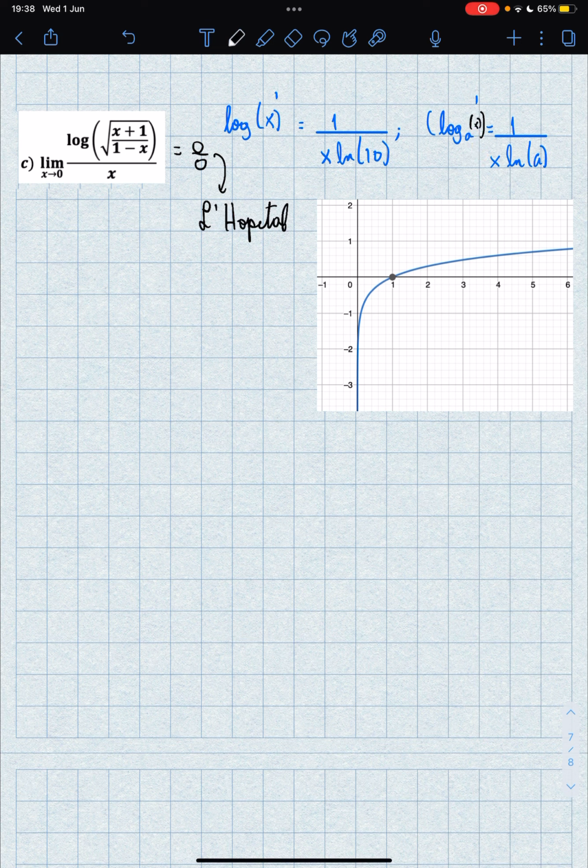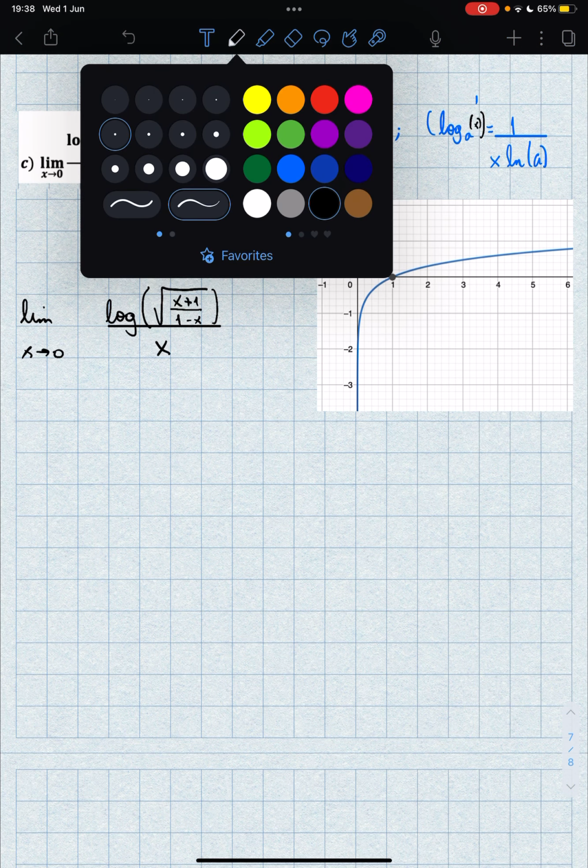Enough talking, let's do it. We need to do the derivative of this function. So I'm going to do the limit when x goes to 0 of log of (x plus 1) divided by (1 minus x), over x.